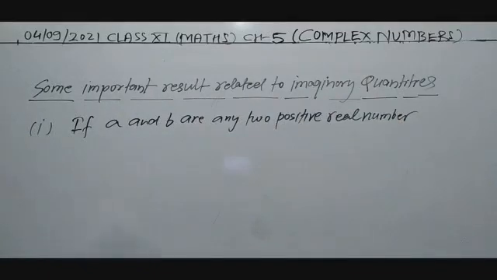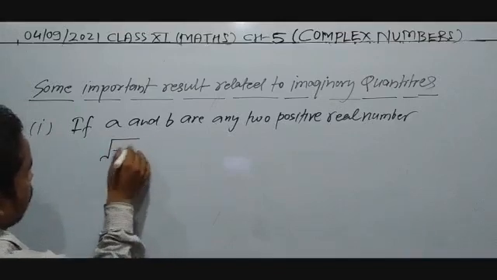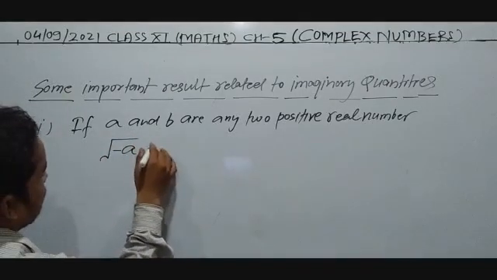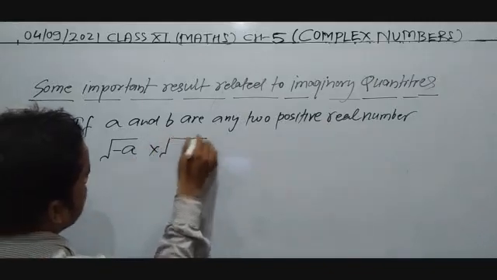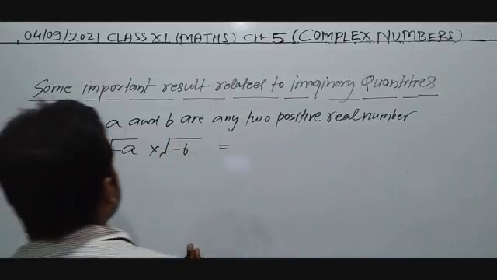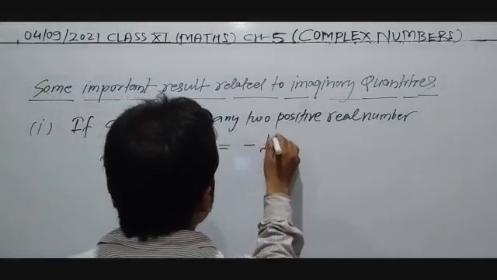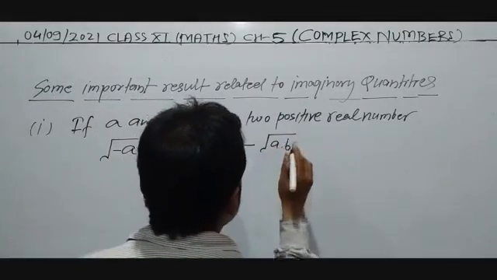So in case of positive real numbers, we can write root over minus a into root over minus b, result is minus times root over ab.